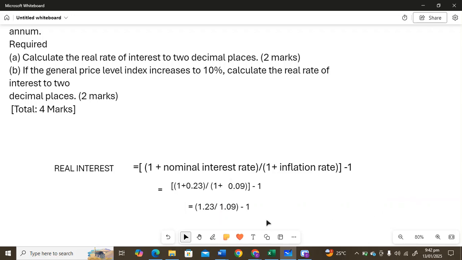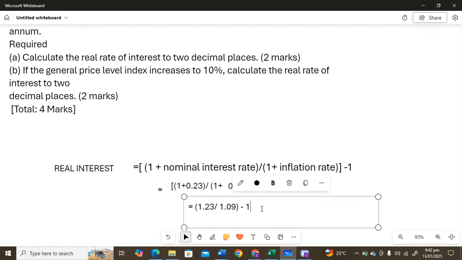So we get our calculators and we say 1.23 divided by 1.09, that gives us 1.128.